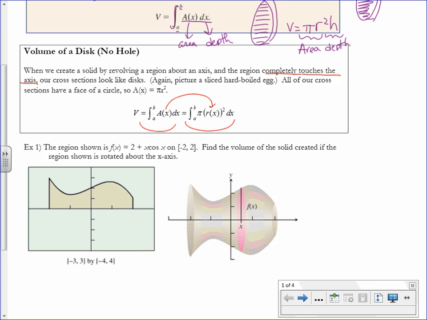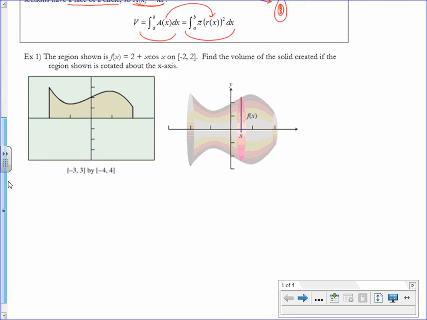I always say to picture a hard-boiled egg, with the yolk inside and then the outside. If I have it solid, with the yolk, it's a solid disc. All of our cross sections have a face of a circle, so the area of each face is pi r squared.